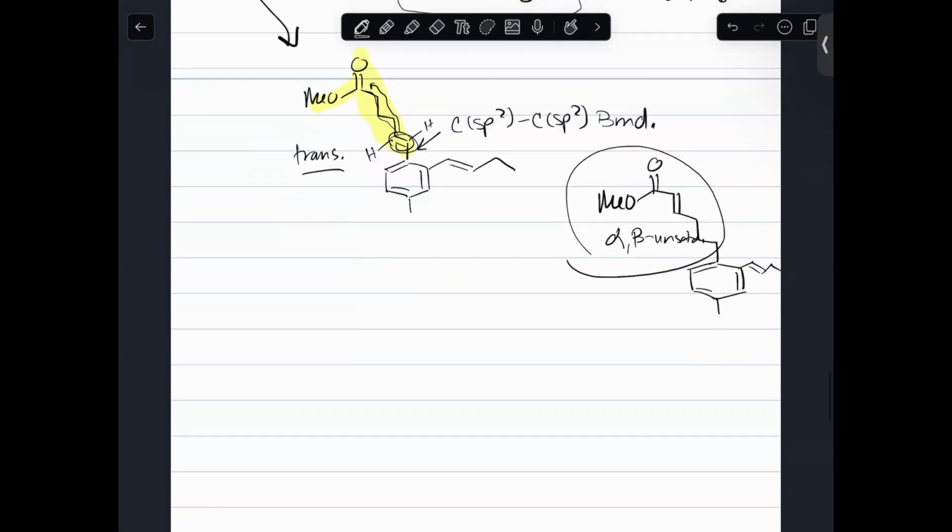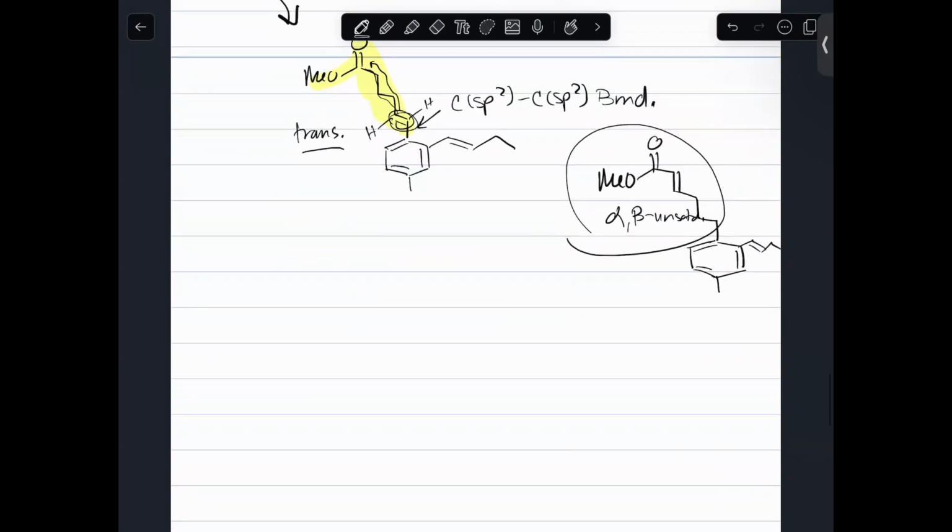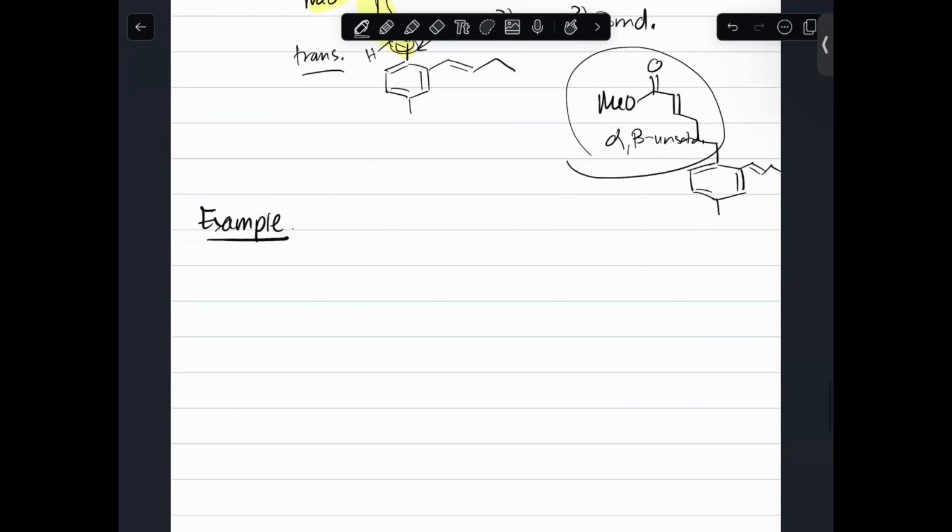Okay, let me give you one last example before I move on to the next cross-coupling reaction. So not surprisingly, just like you can have intramolecular Heck reactions, you can have intramolecular Suzuki reactions.